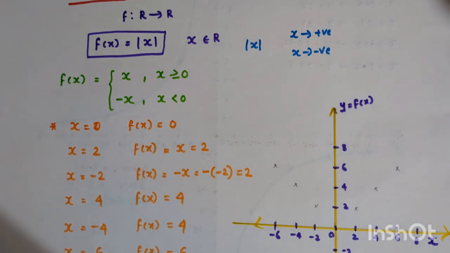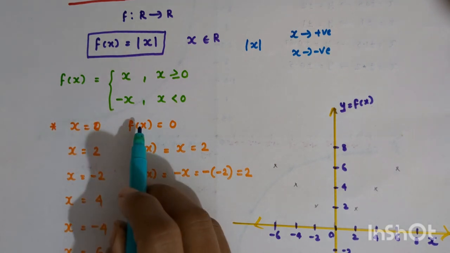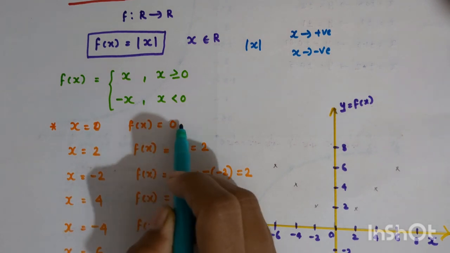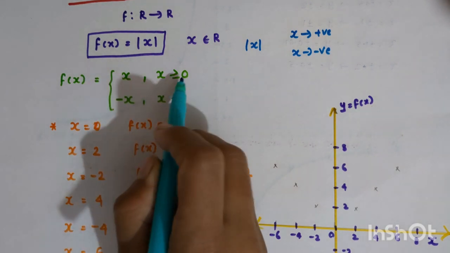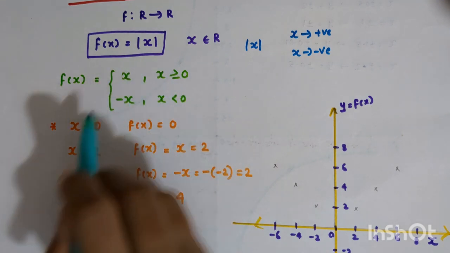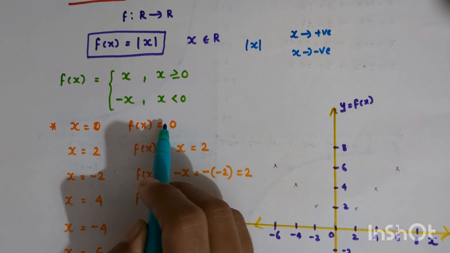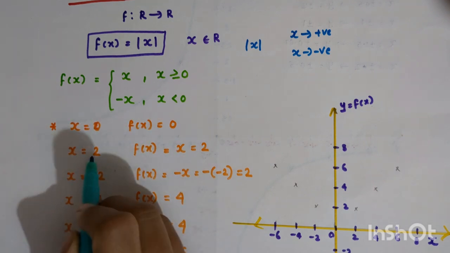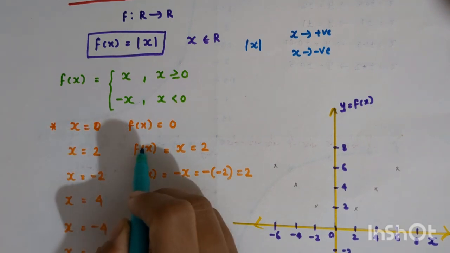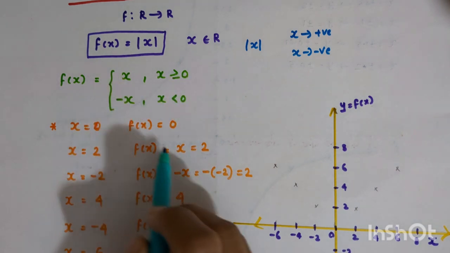For example, for x equal to 0, what about f of x? F of x will be mod 0. Mod 0 is equal to 0. For x greater than or equal to 0, f of x is x. So when x is equal to 0, f of x will be 0. Similarly, when x is equal to 2, which is greater than 0, f of x is x.